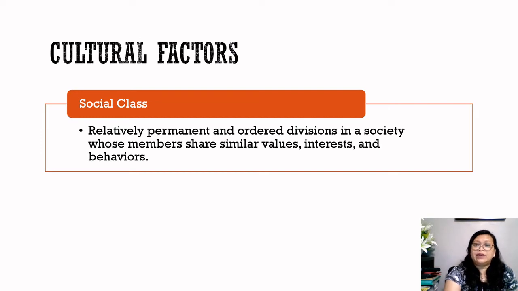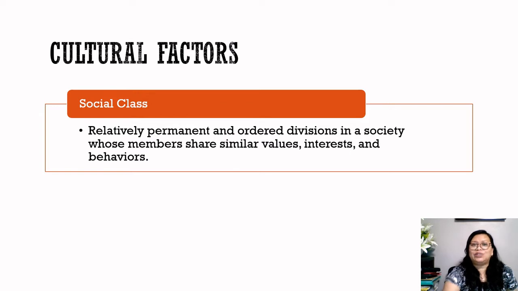In the Philippines, however, the lines between social classes are not fixed and rigid. People can move to a higher social class, like the social climbers. Just kidding. Or drop into a lower one. Businesses are keen on the social classes their target customers belong to because people within a given social class tend to exhibit similar buying behavior.